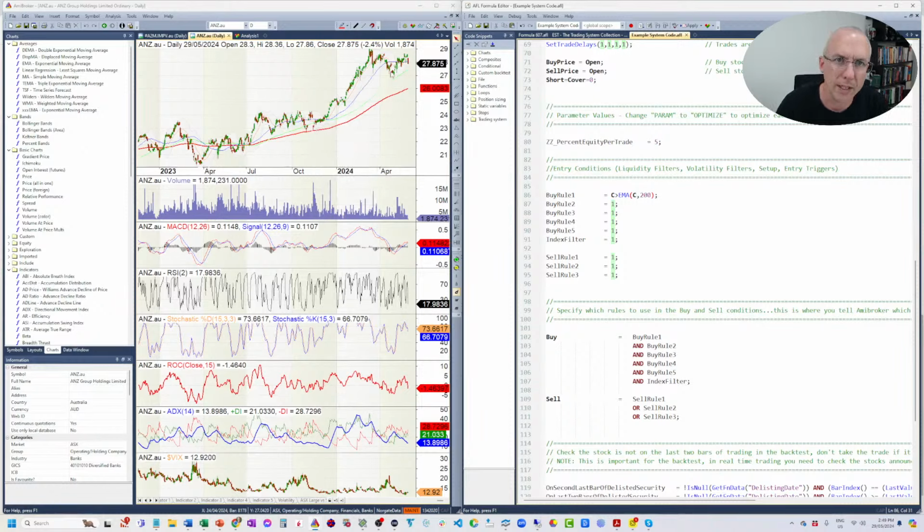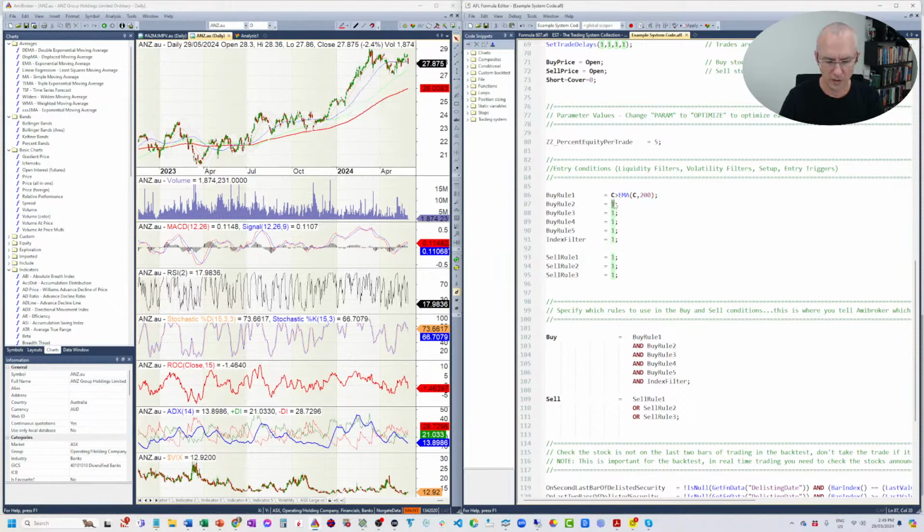What's another rule that we can use based on this chart? Well, we've got Bollinger Bands on this chart, and a common rule for Bollinger Bands is to buy when the price breaks out above the upper Bollinger Band. On this chart, I think we've got a 15-day Bollinger Band with 2 standard deviations.